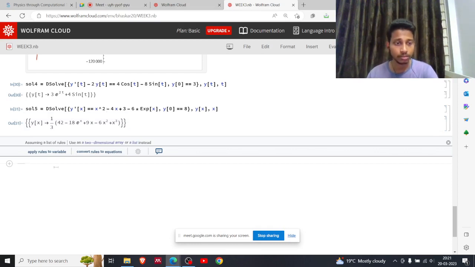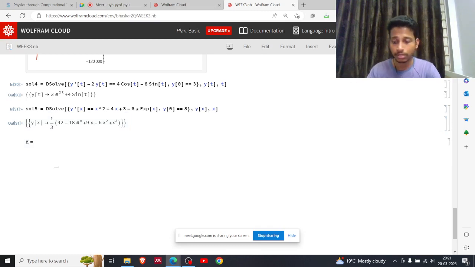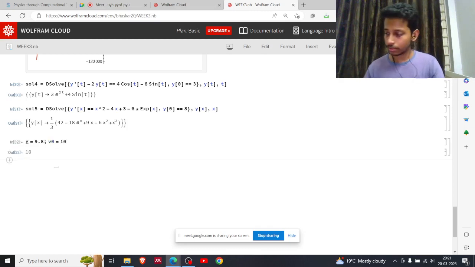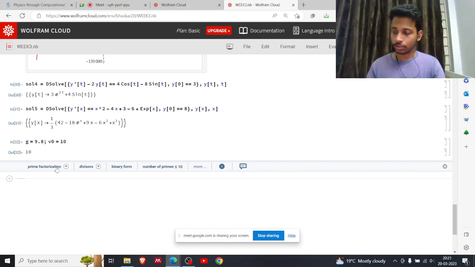Now let's go into a little bit of physics. For example, let's assign the value g equal to 9.8 and v0 equal to 10. So basically some particle with an initial velocity of 10 is going upwards, like you can think of throwing a stone upwards.